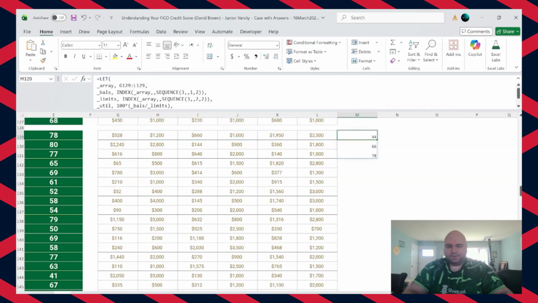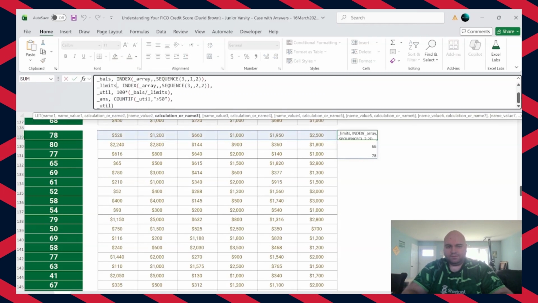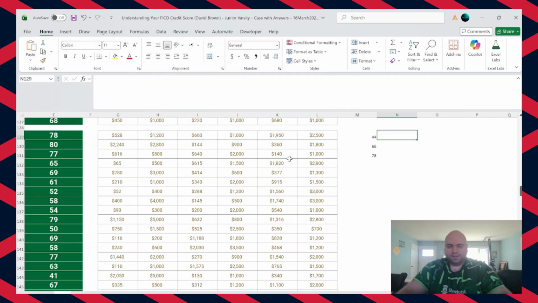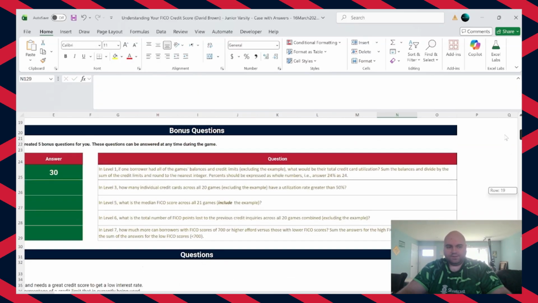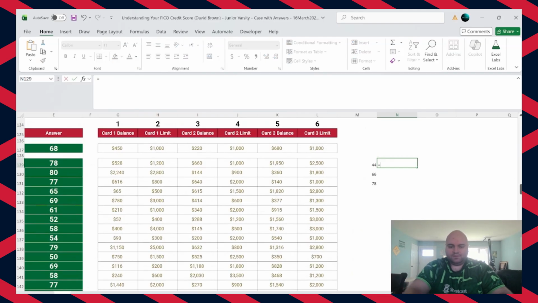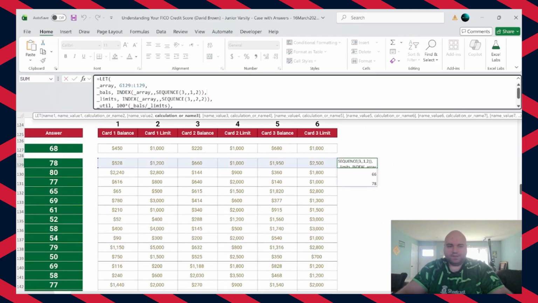What's going on? Count if util greater than 50. That's what I get for trying to use countif here. Countif range. Oh, I know why. Because it's in a let formula.